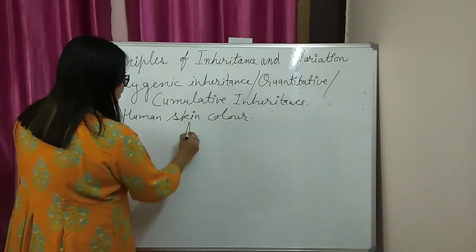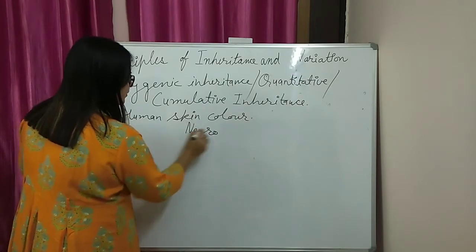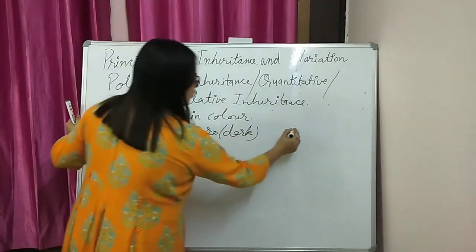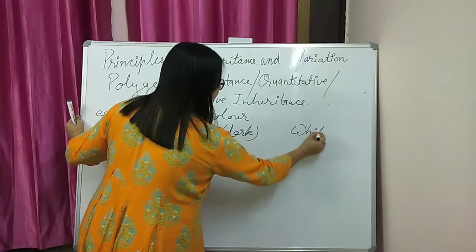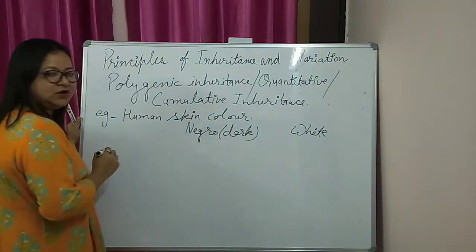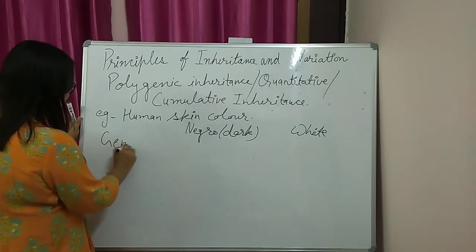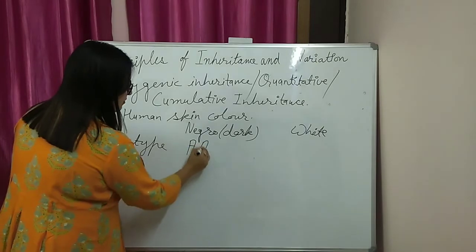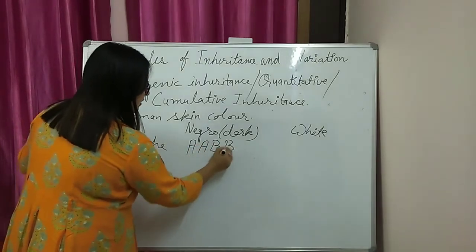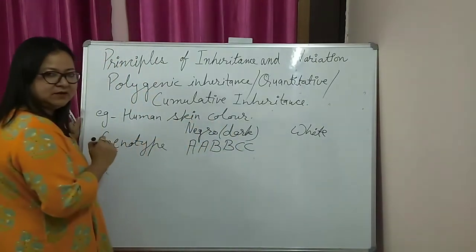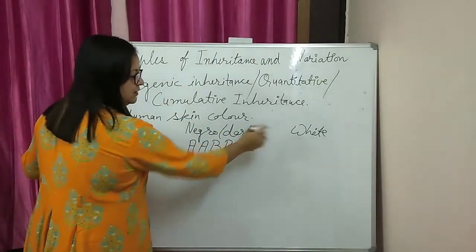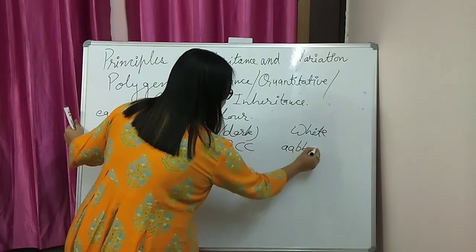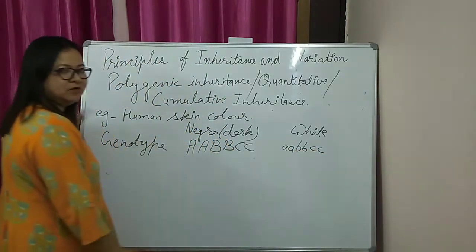If we are talking about the negro color, that is dark complexion, very dark color, and white, then these colors are due to the genotype. Here capital A, capital A, capital B, capital B, capital C, capital C. For the white skin color, small a, small a, small b, small b, small c, small c.